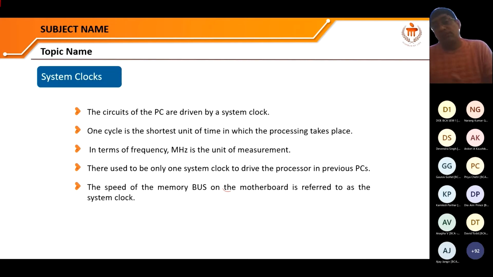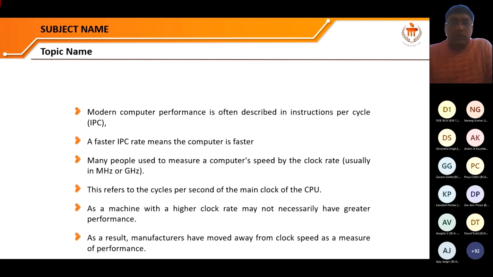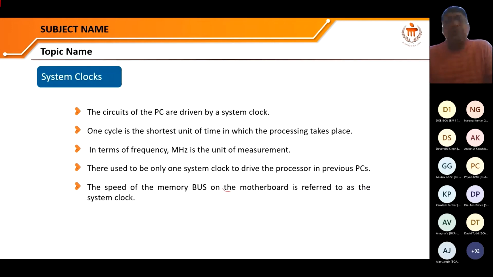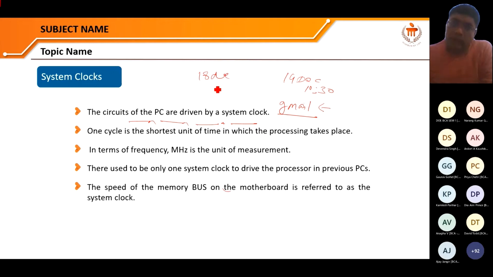So here, the PC is driven by the system clock. You have seen, if your clock is not working, the main example is if you open Gmail, and suppose today is 19 December at 10:30, and your system clock is showing 18 December 11:30 or any other time, then when you open Gmail it will show that your system clock is not working, because it matches your clock with its own clock.